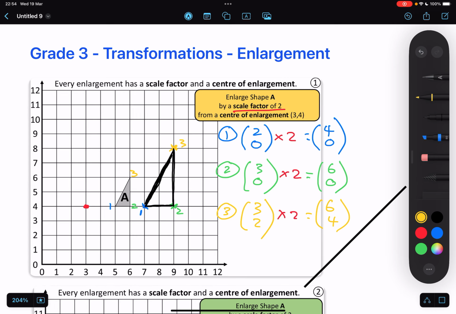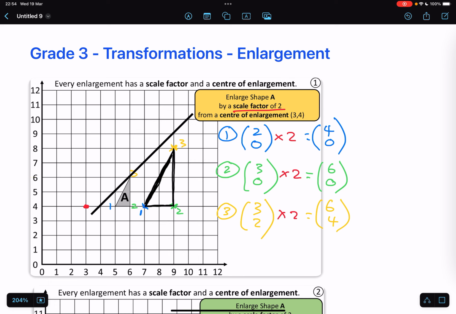Have a look. It means that from the center of enlargement, if we draw a line with our ruler, it will go through the point and its corresponding point. So it goes through 3 and 3.